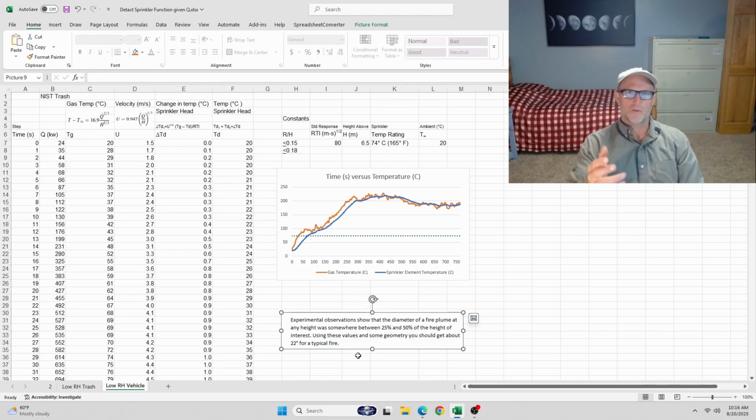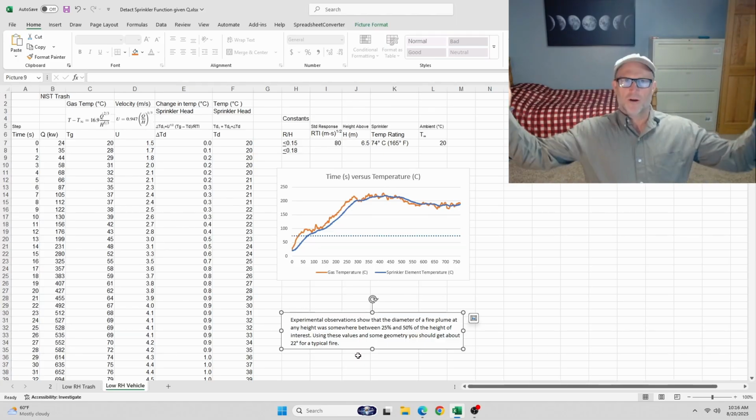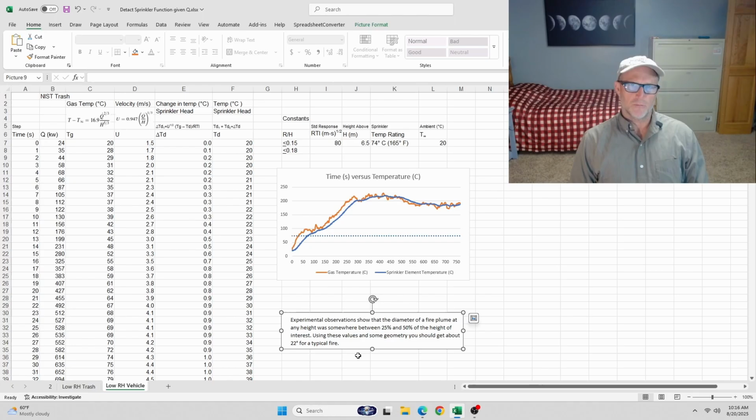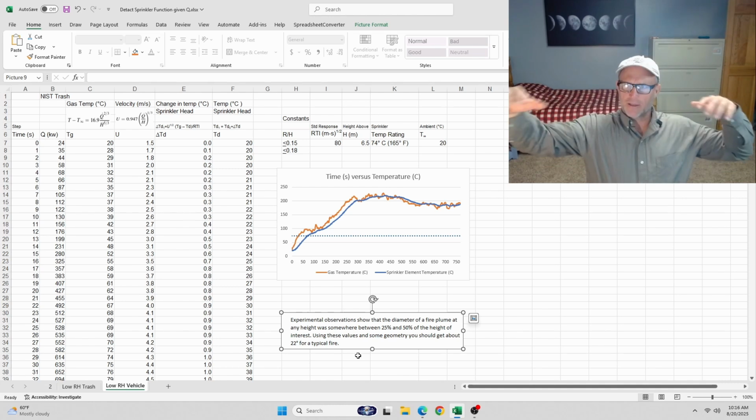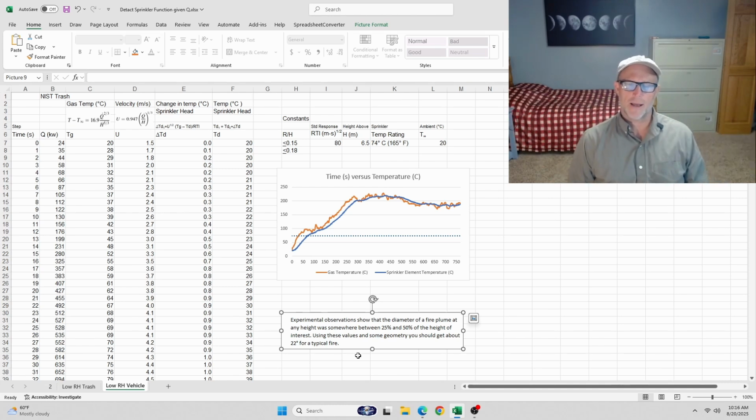So if you take the square root of 130, that gives you about the dimensions, a little less than 12, 11 and a half, thereabouts. And that's how far apart your heads typically could be in a square pattern. If a fire is right in the middle of those 4 sprinkler heads, the ceiling jet is going to go out and capture one of those heads and heat it up. That's the principle of how suppression works.